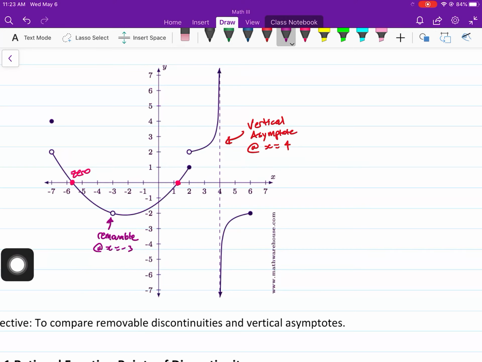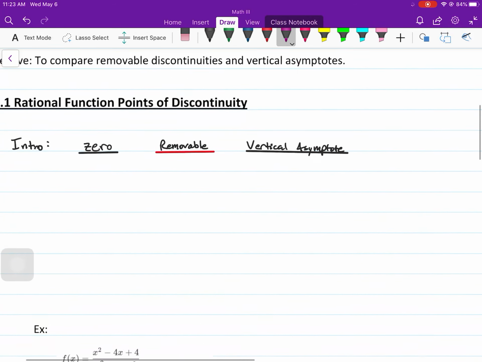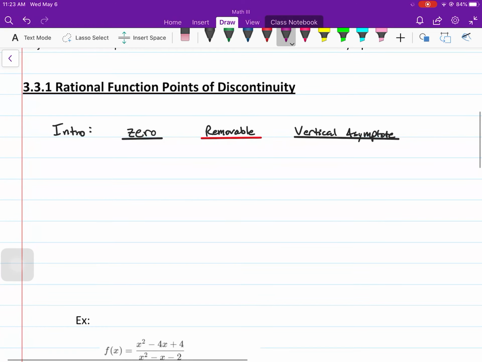So like I said, next year, pre-calculus, boom, this is a huge topic. AP calculus, huge topic. For us though, we're introducing the three ideas. It's a good time to do this. So when do we have a 0? So we're dealing with rational functions.